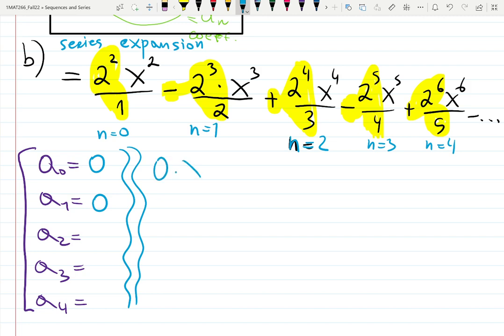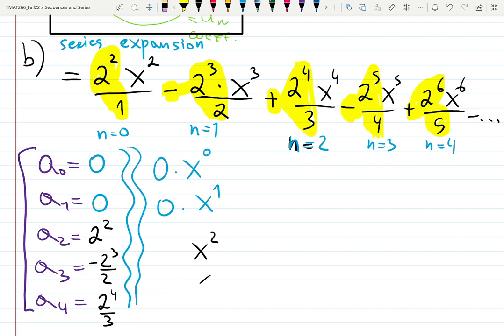0 times x to the 0. 0 times x to the 1. And now the other ones come in: 2 squared over 1, minus 2 cubed over 2, 2 to the 4 over 3. These are multiplied by x squared and x cubed. Those are non-zero coefficients.